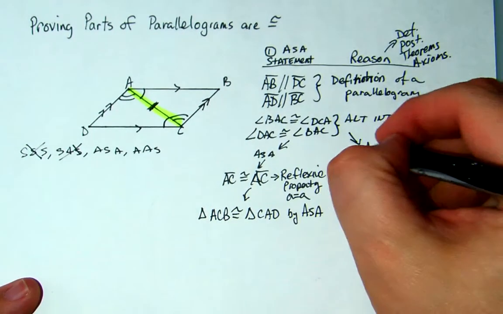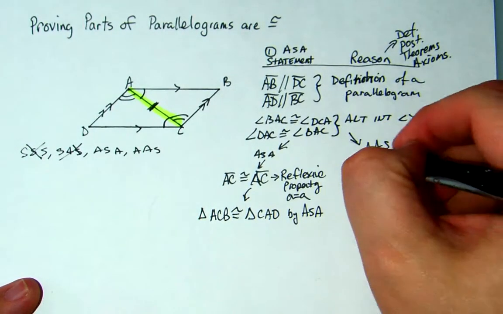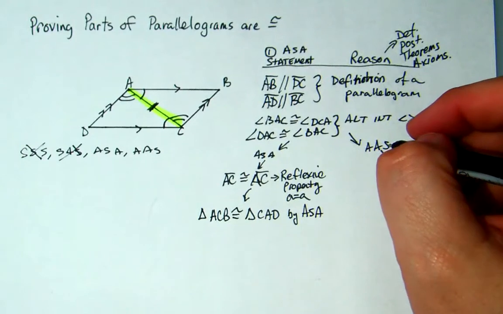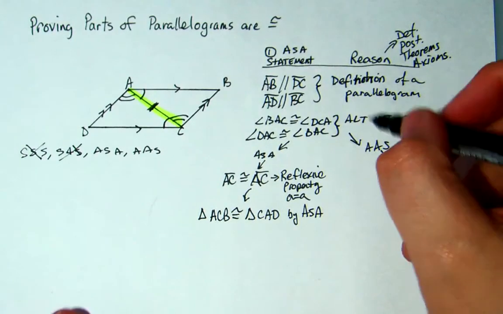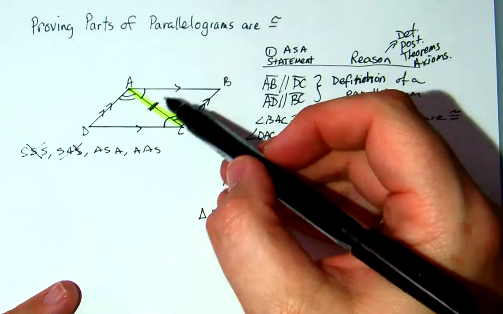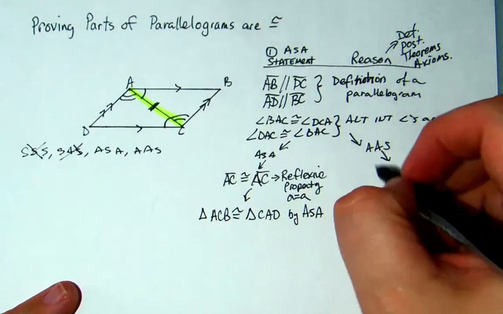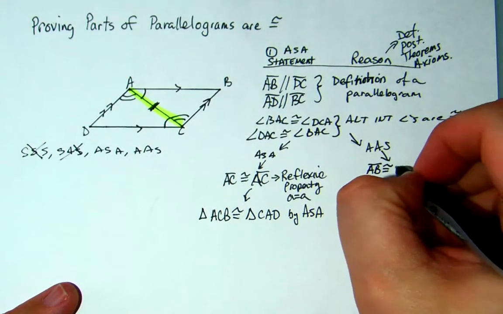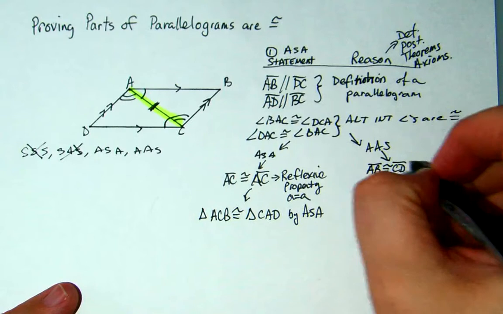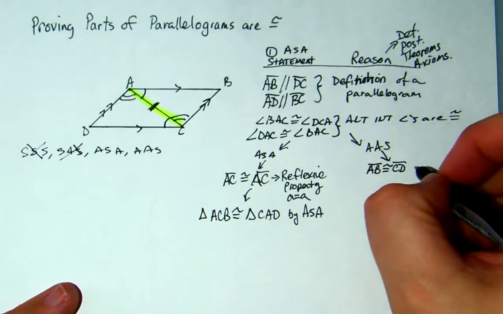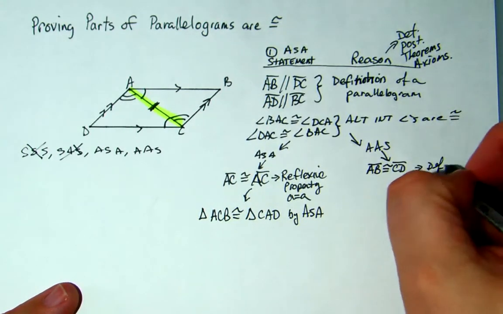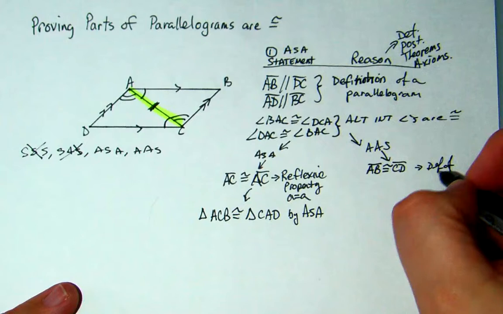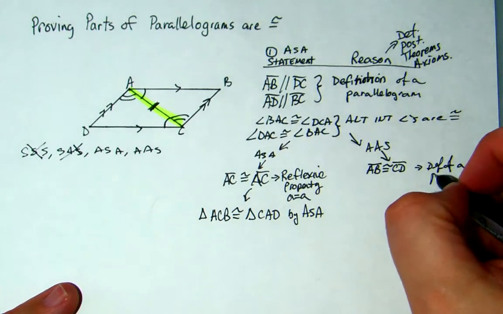If we go the angle, angle, side route, then we just need to pick one of the opposite sides. We can say that AB is congruent to CD by the definition of a parallelogram.